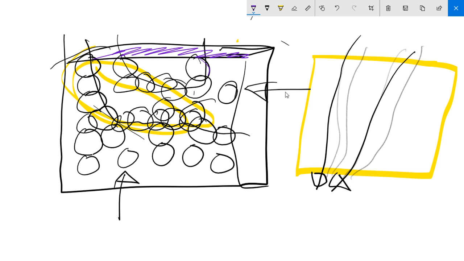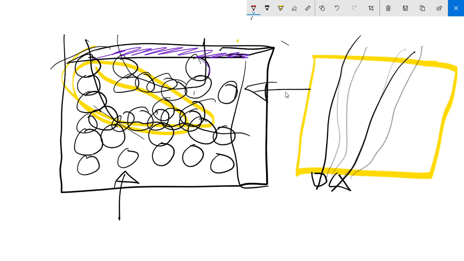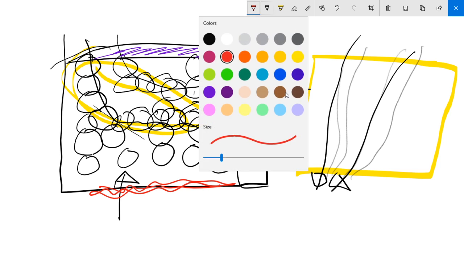Here at the red zone is the magma or the lava. And for instance, given an example, here the petroleum has been created.